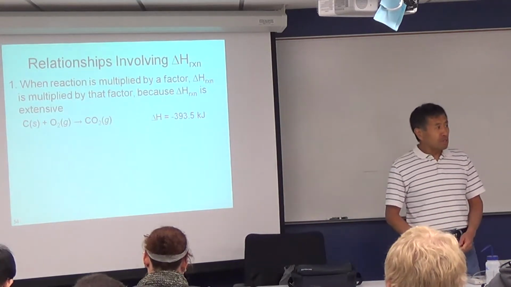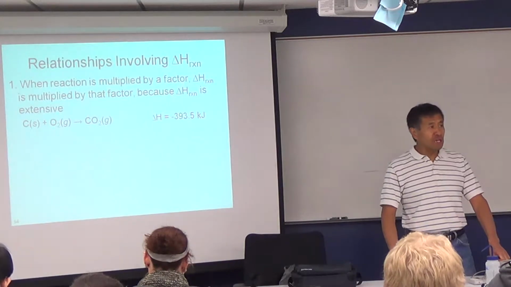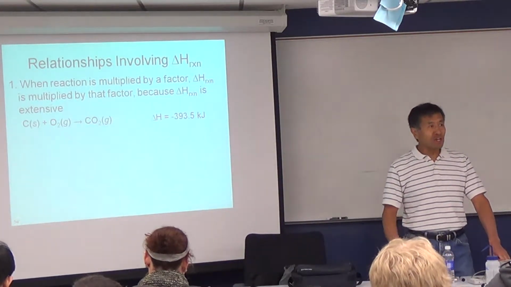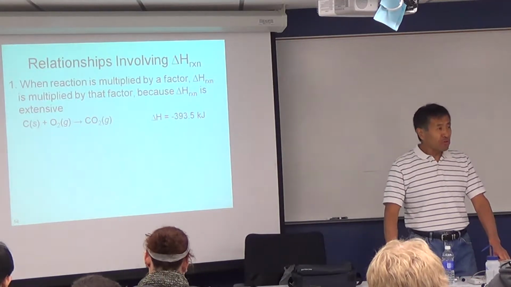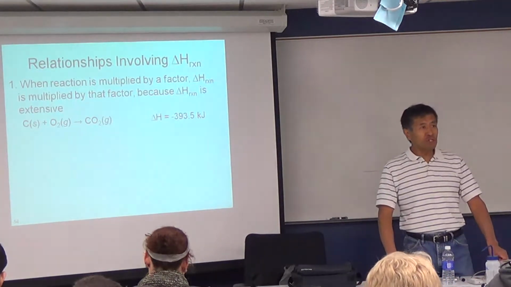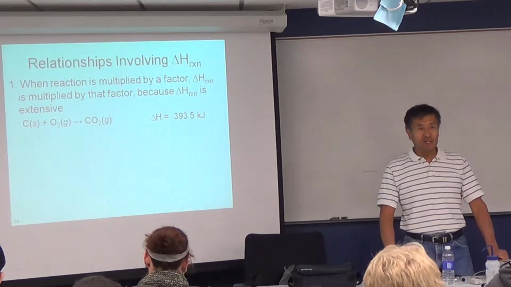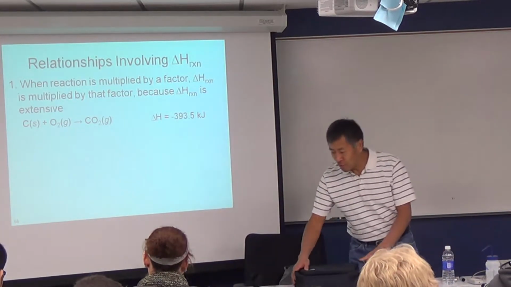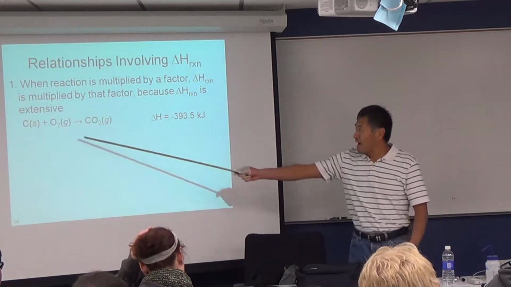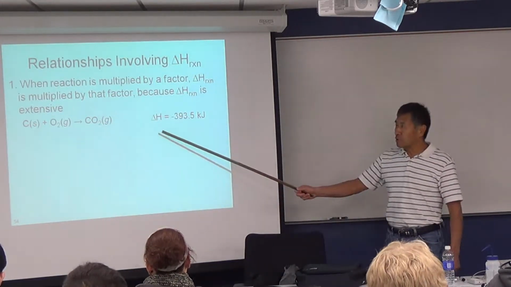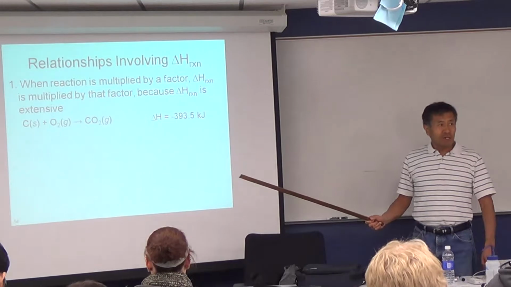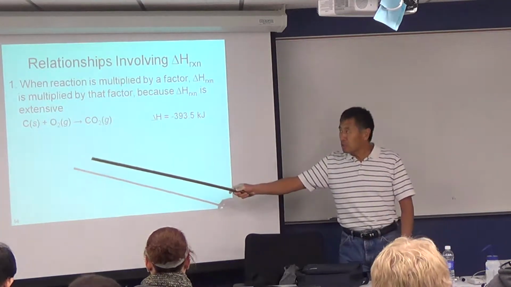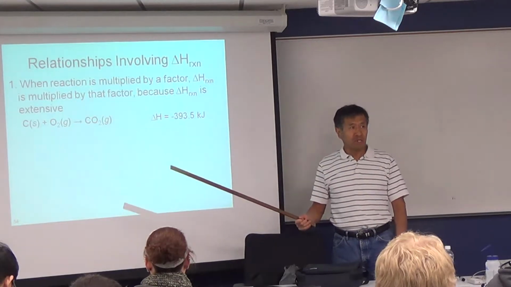So the first relationship is if I give you the chemical reaction equation and I also give you a delta H, those kind of chemical equations we call thermochemical equations. Thermochemical equation, because in addition to your usual balanced equation, you will have the delta H. And the delta H gives you, that means for those coefficients as written.